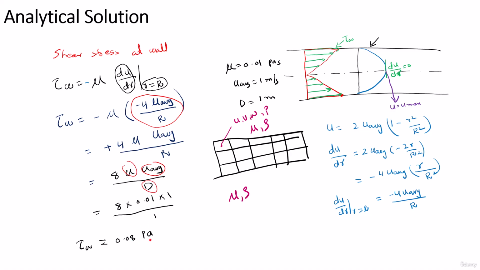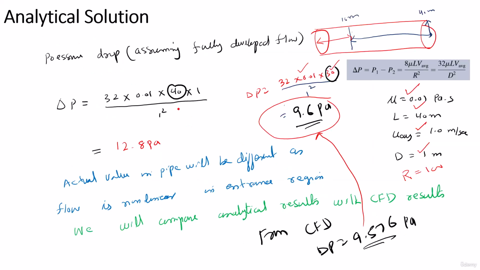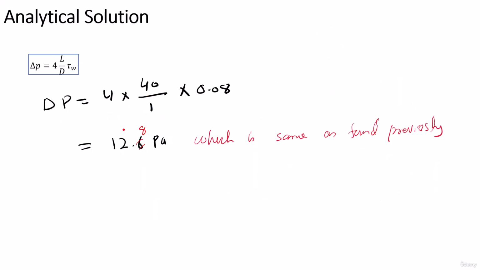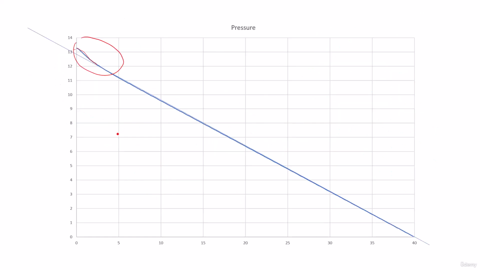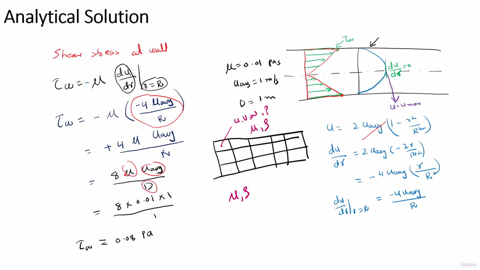This becomes 0.08 Pascal, and this is the formula for U, which we derived multiple times. And delta P I can get either this way, or from the wall shear stress, using the formula we know, and this value is again the same. If we take the length as 40 meters, we get the same value here.